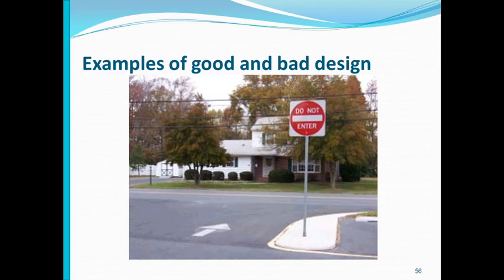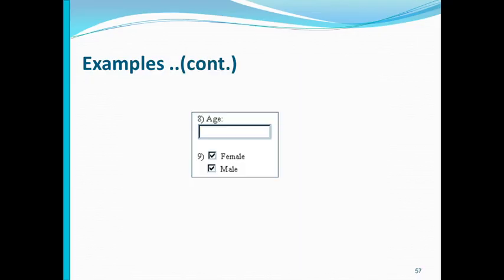So, examples of both good and bad design. You can see on the bottom side of the road there is an arrow which says go in this direction, and it says do not enter. So, confusion. More examples: you are supposed to enter age and select your gender. The age should have been a drop box with numbers already written, so I could select it, because there is no limitation on writing the age.